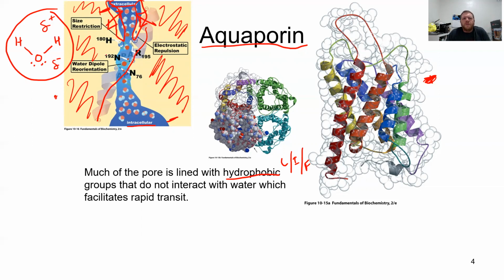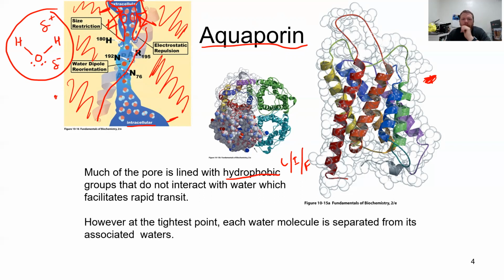What's that going to mean? These water molecules are both going to face a force, a resistance. That is going to limit their range, limit the space that they can be in.